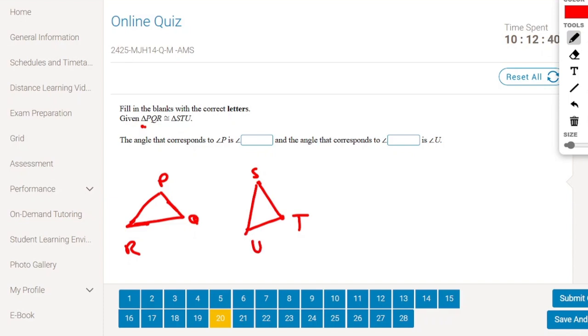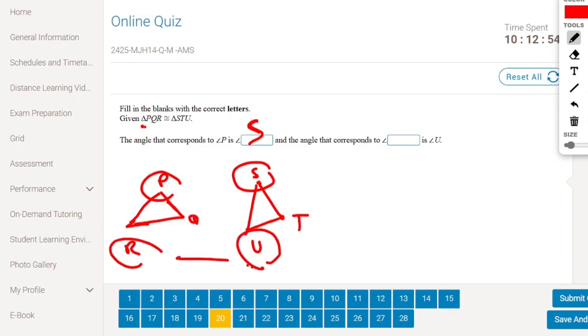Now, the angle that corresponds to angle P is angle S. And the angle that corresponds to angle something is U. The corresponding one for U is R. As I mentioned before, I can get it from the letters themselves without drawing. Here I'm saying P, the corresponding angle is S. Q, T. R is U.